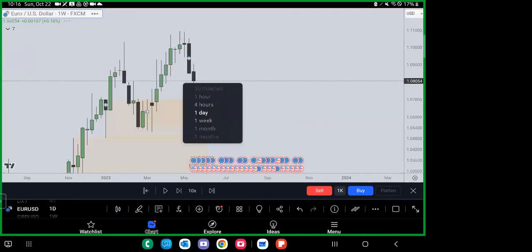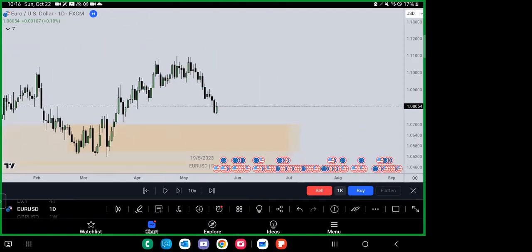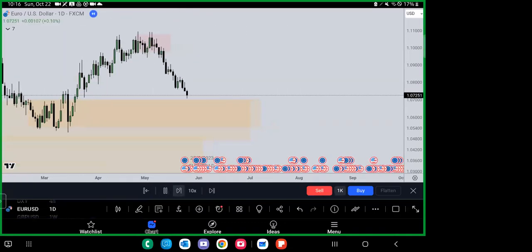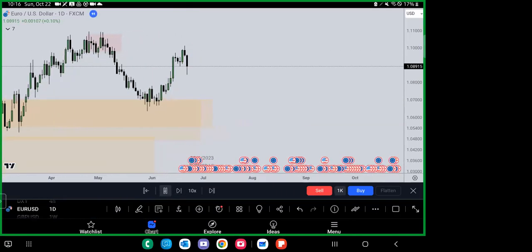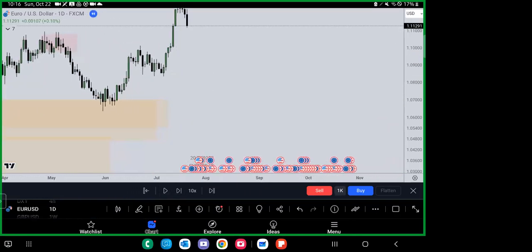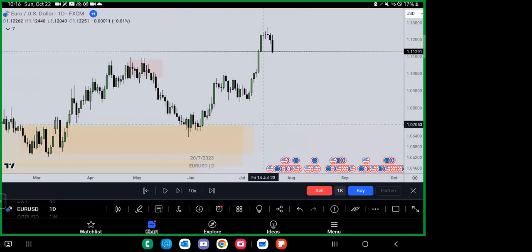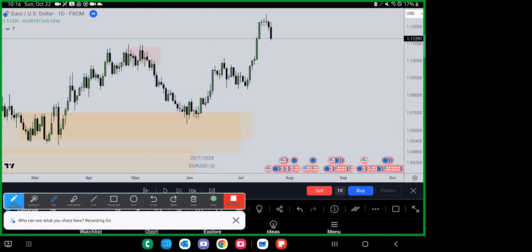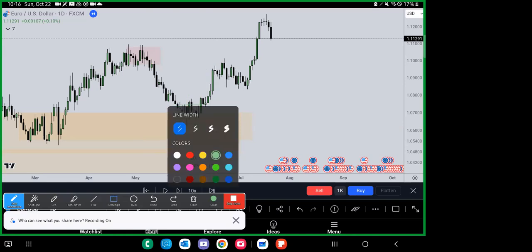I can come to my lower time frame, and you can see original consolidation. We get here. Boom. All right. This becomes a buy program. Down here, we went into a period of consolidation right here. This was June. All right.